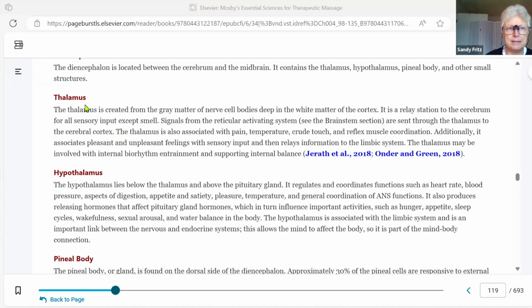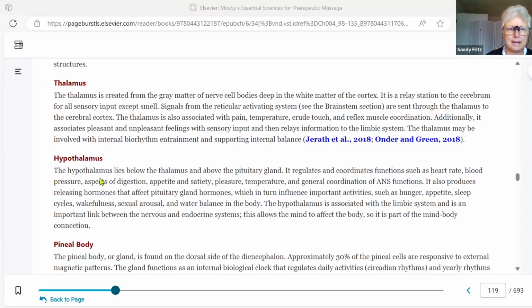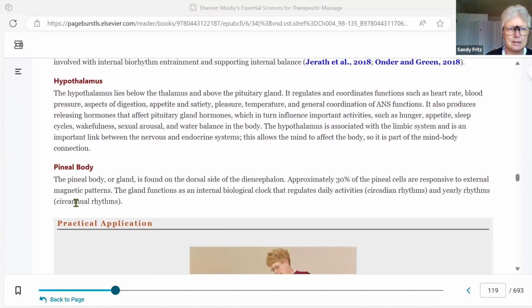So slow down, pay attention to the thalamus, hypothalamus, and then the pineal body, the pineal gland. Sometimes we've seen an overlap into the chakra system. The pineal gland sometimes is thought to be the third eye, but what it does is absolutely involved in the circadian rhythms that we talked about in chapter 2.